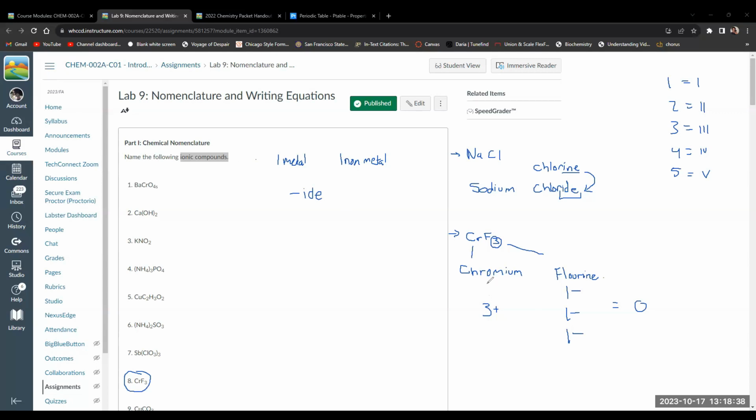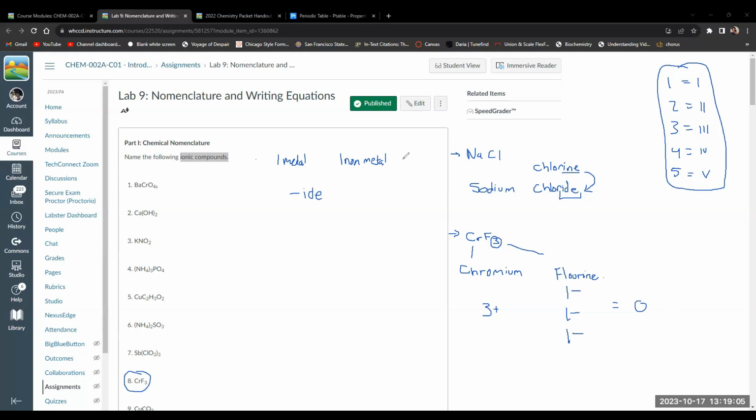So chromium is going to be using one of these Roman numerals, and that applies to all transitional metals. So when you see a transitional metal in the bond, remember that we are going to be using a Roman numeral.